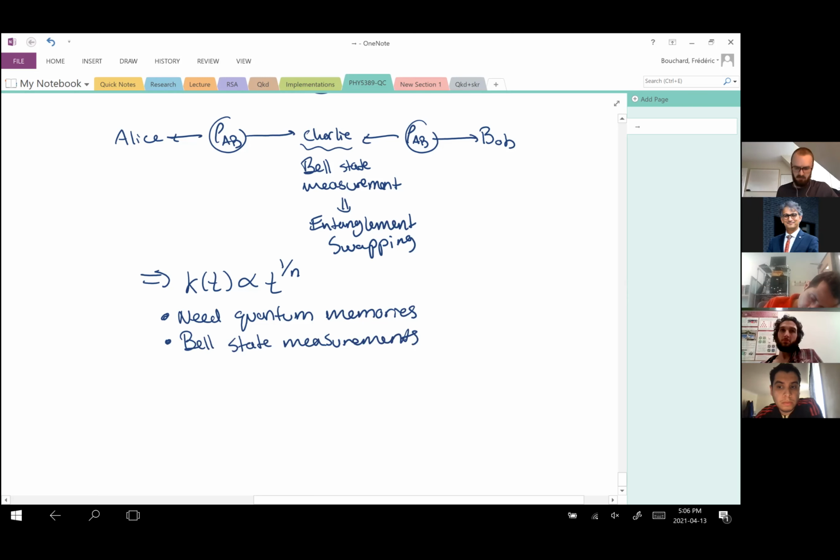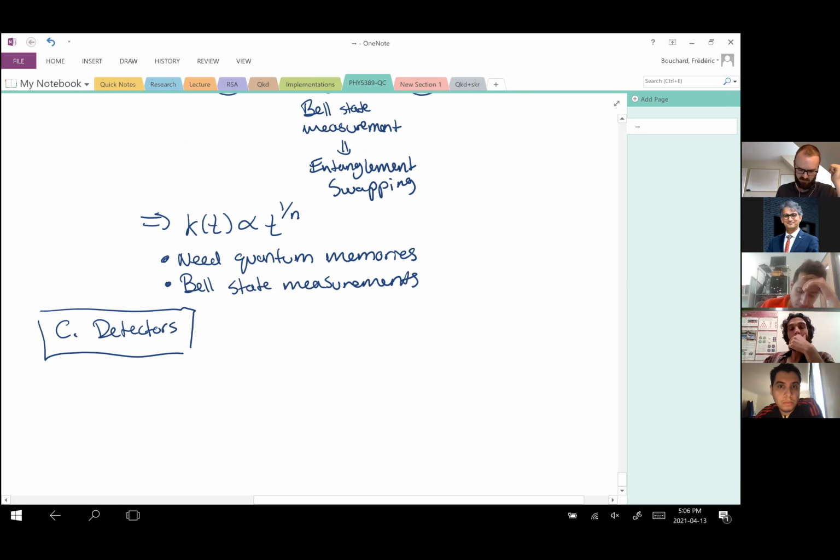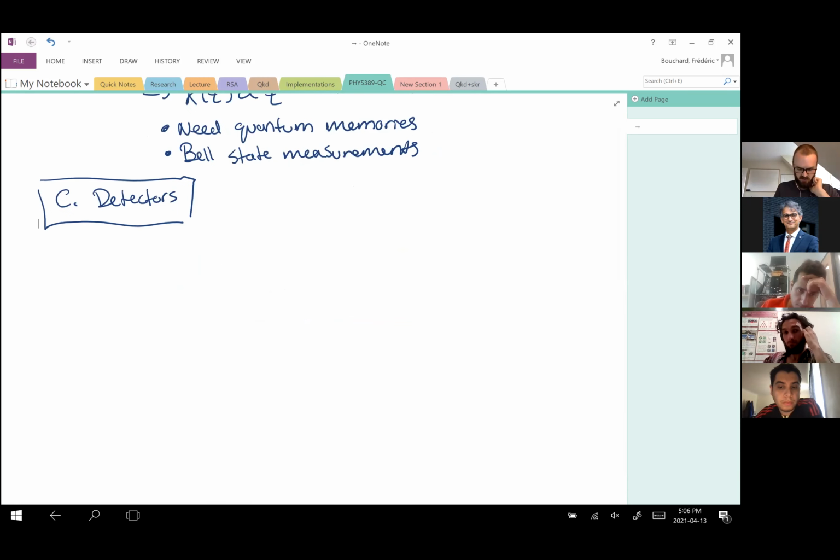Okay, so that's for the quantum channels. Let's go with detectors now. So we started from Alice, we went the middle part. Now for Bob. Whenever we say, okay, Bob measures a photon, you need something called a single photon detector.